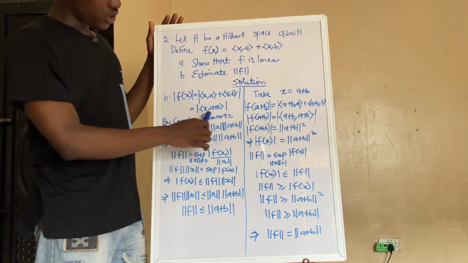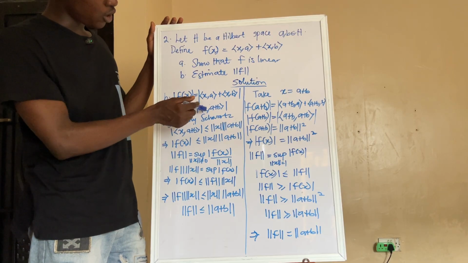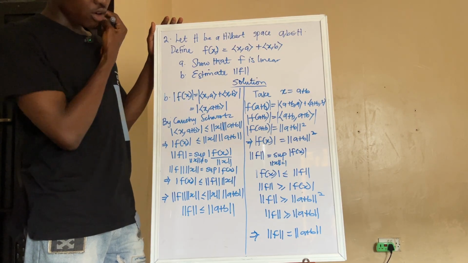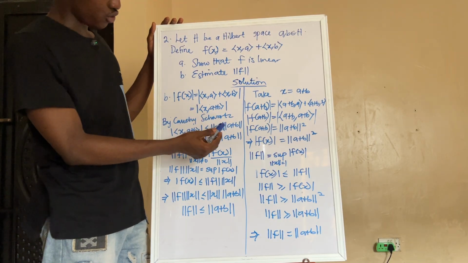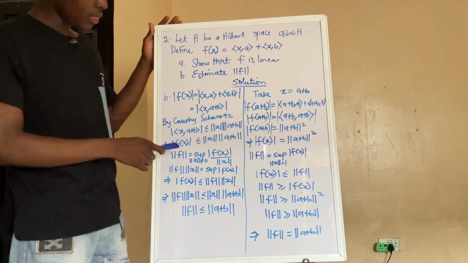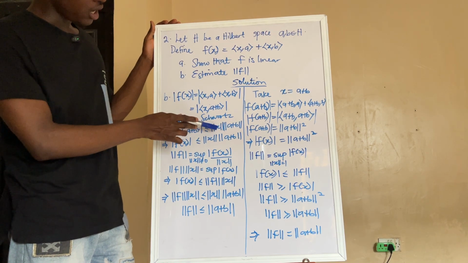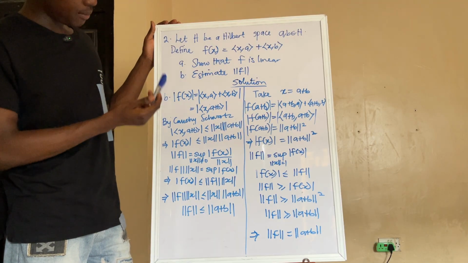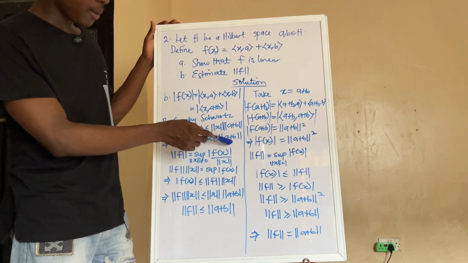Then by Cauchy-Schwarz, we know that this is less than or equal to the norm of x times the norm of a plus b. Also, in that first question that we did as question number one, we also showed why this is true. So since we've said that this is less than or equal to the norm of a plus b, and this is equal to f of x, that implies that f of x is also less than or equal to the norm of a plus b.